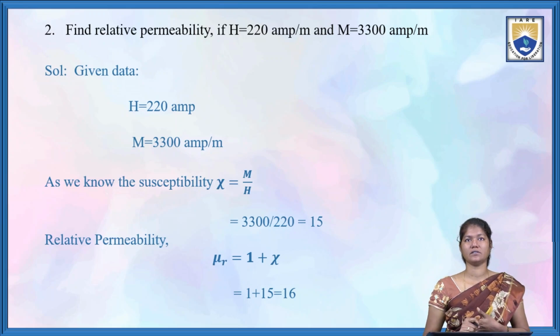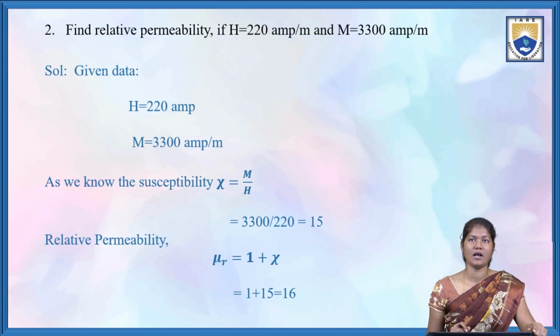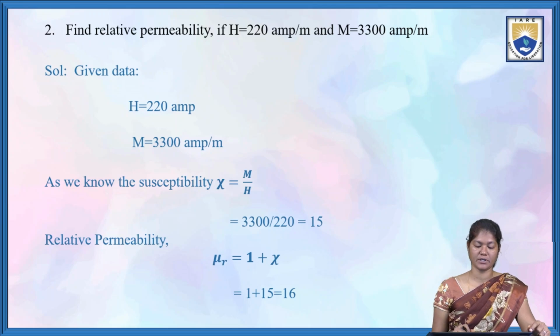Next problem: find relative permeability if H is equal to 220 ampere per meter and M is equal to 3300 ampere per meter.